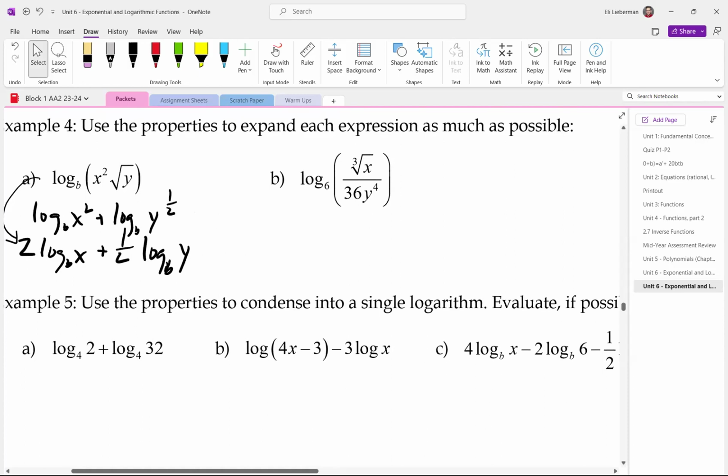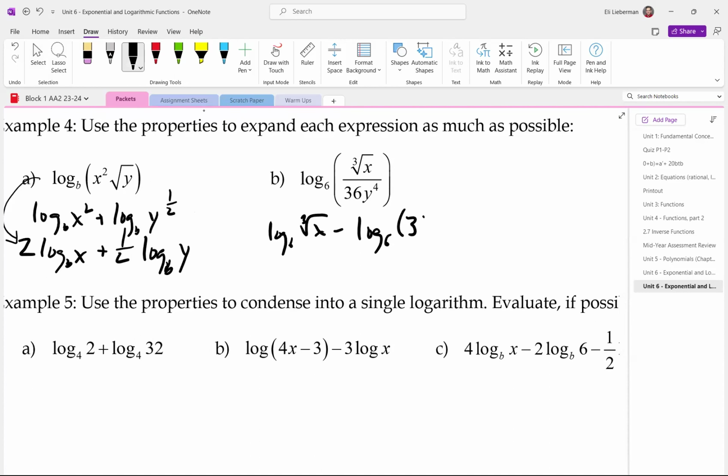Baron, help us out. So for B, I wrote log base six of the cube root of x minus log base six of 36 y to the fourth, and put that in parentheses, right? Right, because that's all the argument.